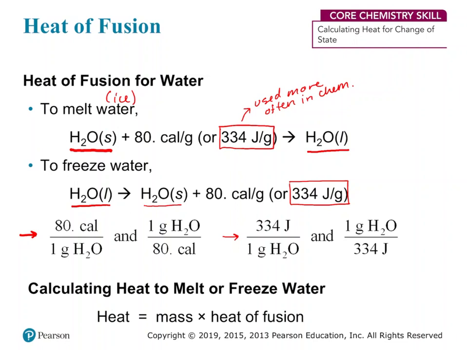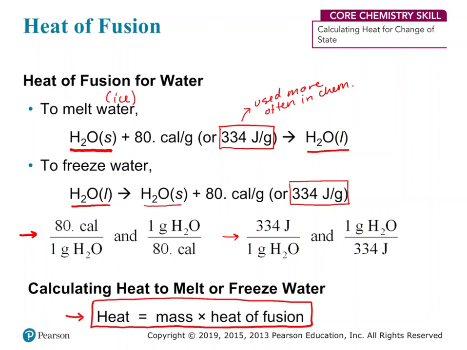So there is an equation that we can use to calculate the amount of heat needed to melt ice or the heat that's released when we freeze liquid water. So that's shown down below. So heat is equal to the mass of the liquid or the solid times the heat of fusion.